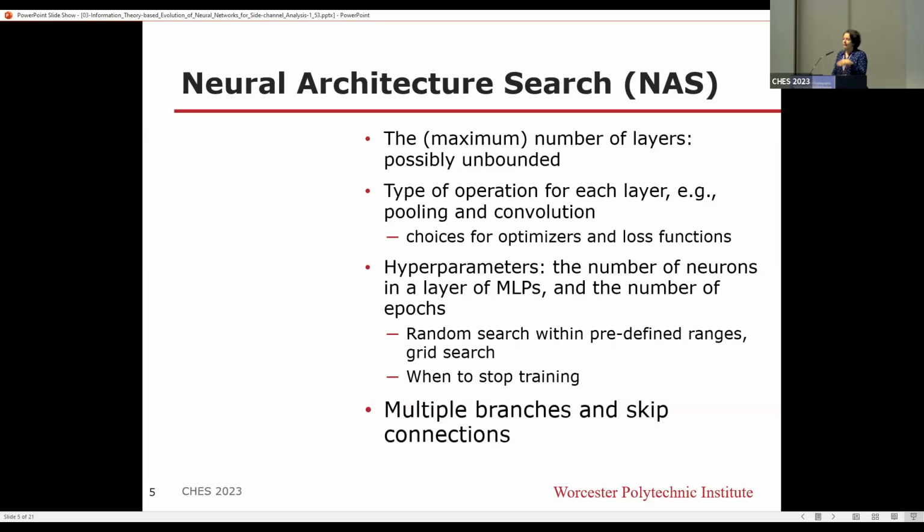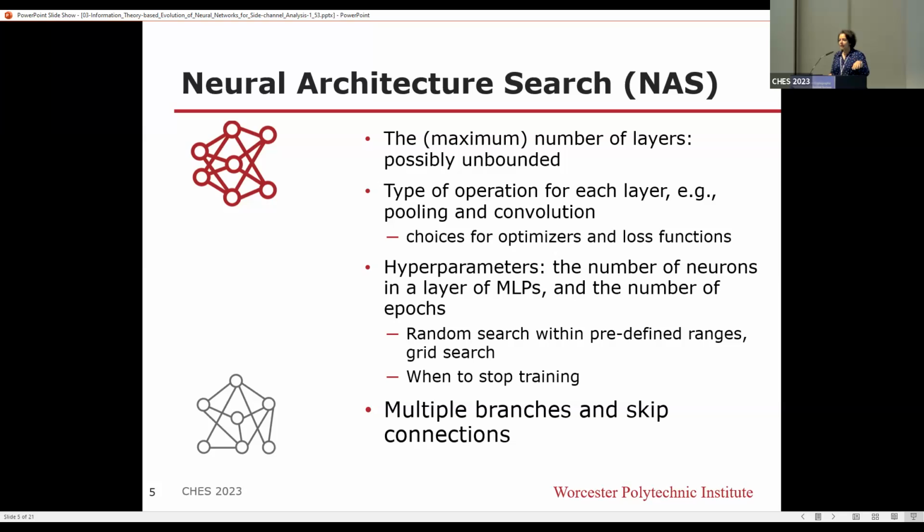But the most advanced way developed in the concept of NAS is trying to make the connections between the nodes. We are talking about multi-layer perceptrons for the time, just for simplicity, trying to find the branches, how they should be connected to one another. Just compare these two neural networks, and you will see that the one at the bottom of the slide has some irregular behavior, some irregular connections.